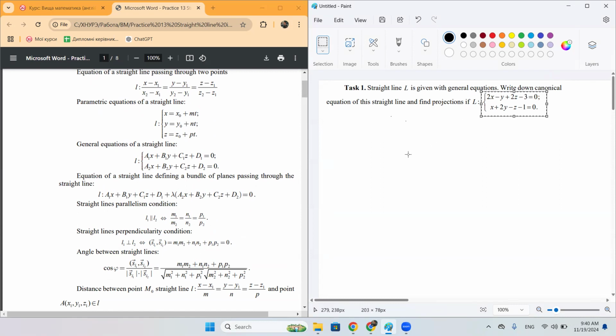If I need to assign any of the coordinates x, y, or z to 0. So let's assign x to 0, and then we will receive the following system of linear algebraic equations that we already know how to solve.